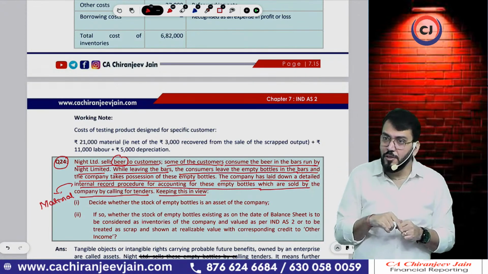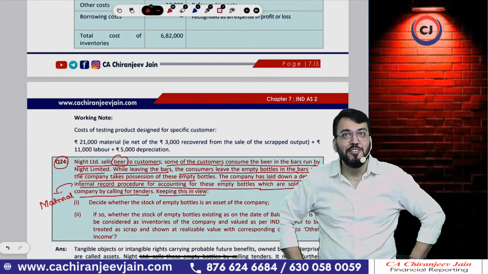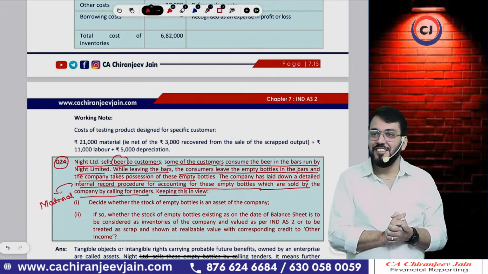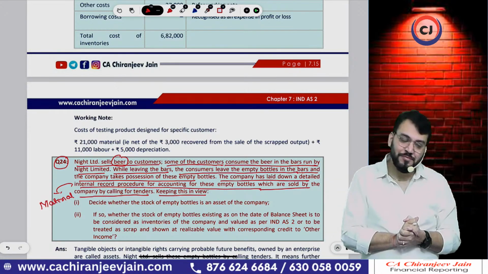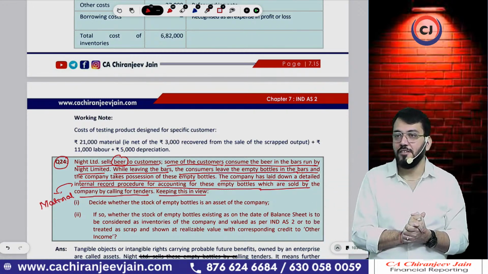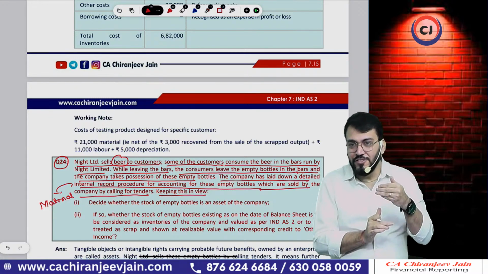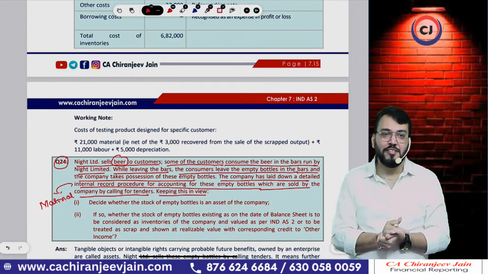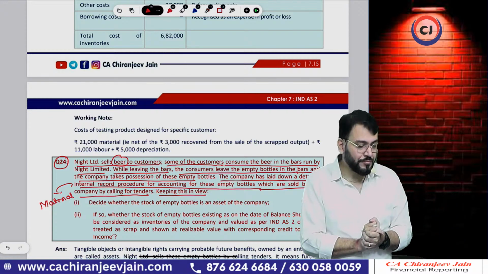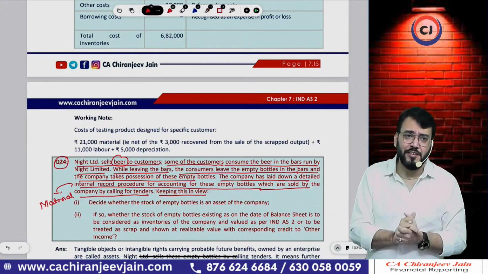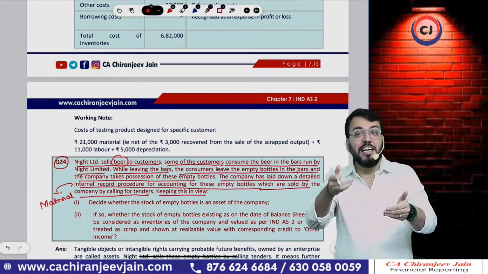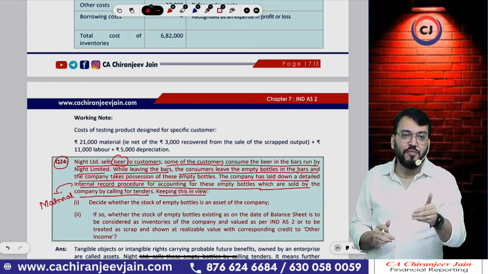They can demand the empty bottle, saying give my empty bottle, now I am in full. Let me give you one similar example. My father is a wholesale grocery dealer. We purchase rice bags of 50 kg, 25 kg.